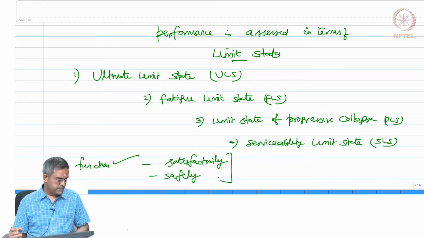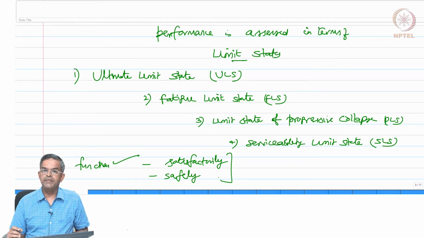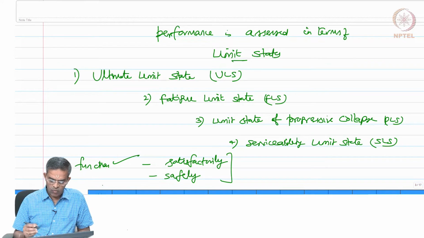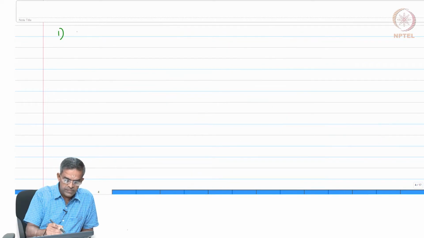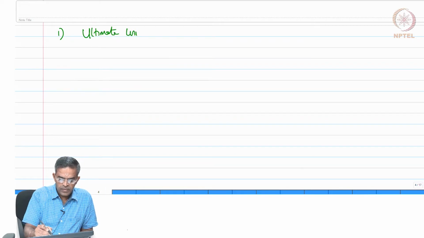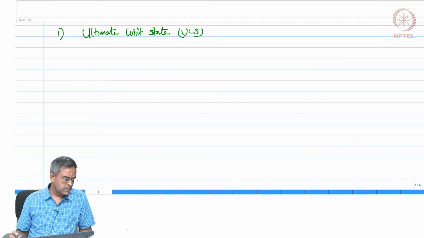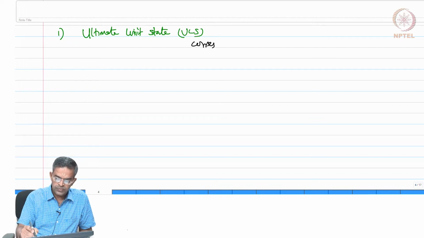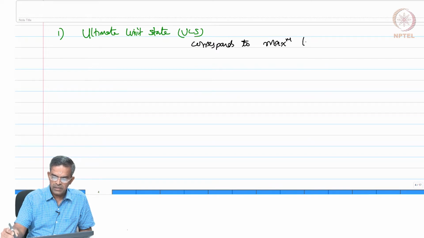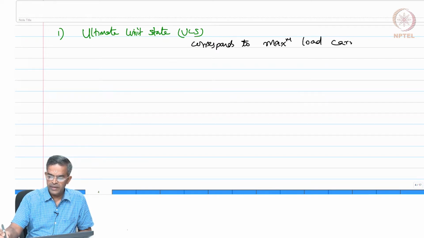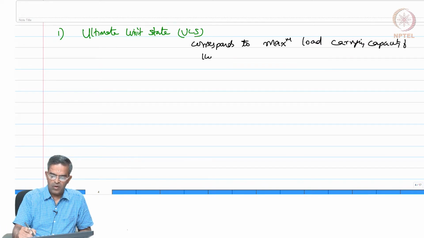Having said this, let us elaborate these limit states quickly and see what they suggest. Ultimate limit state corresponds to the maximum load carrying capacity of the structure.